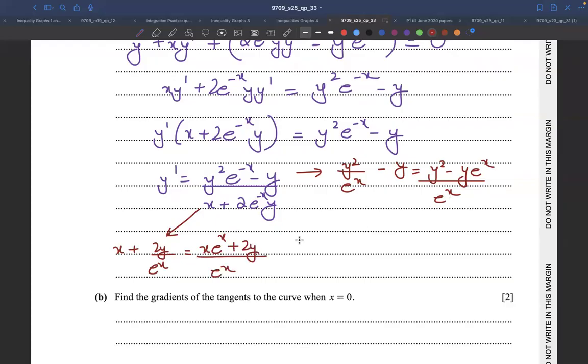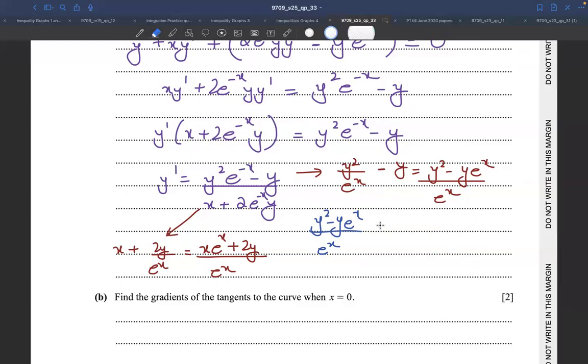Now we are dividing these two terms, so the numerator divided by the denominator. First, we can write it as (y squared minus y e to the power x) divided by e to the power x, divided by this term here. And we know that when we bring the multiplication sign, these terms will flip.